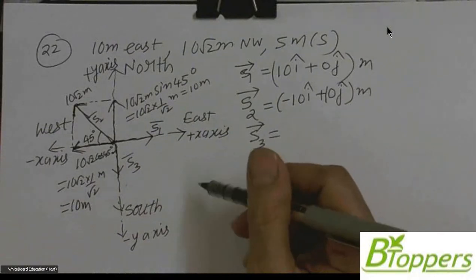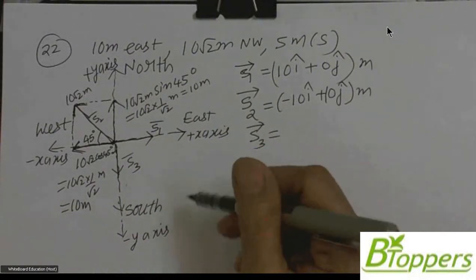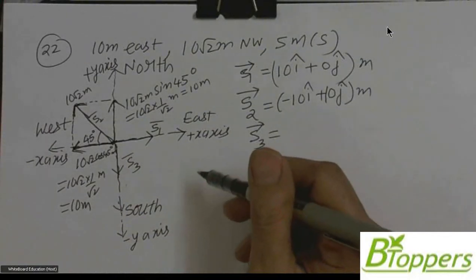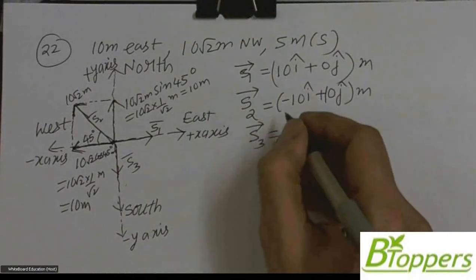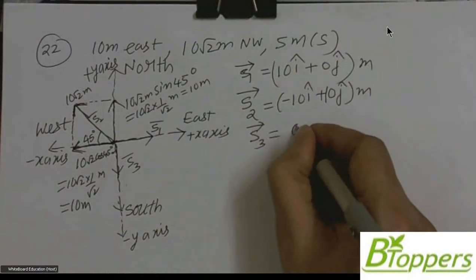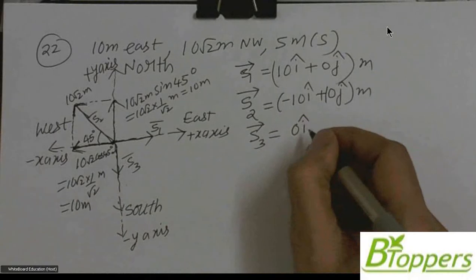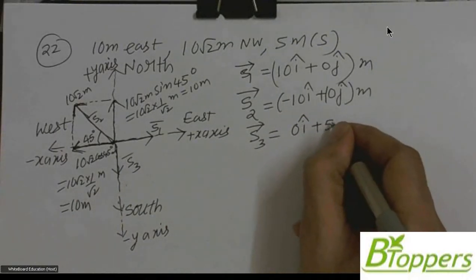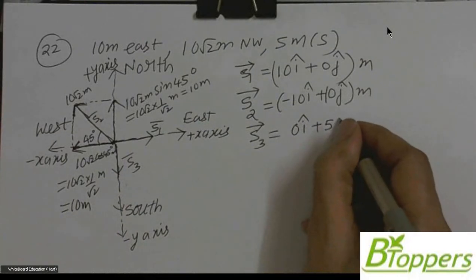As I discussed in the past, if a vector is directed parallel to y-axis, then its rectangular component along the x direction will be 0. Therefore, S3 bar you can write as 0 into i cap plus 5 into minus j cap meter.